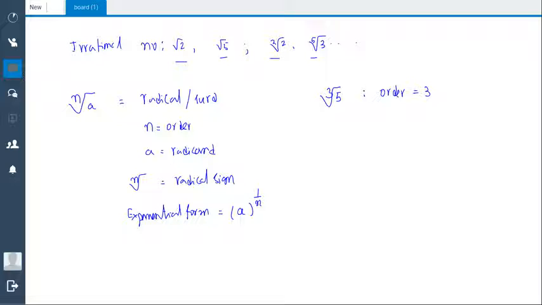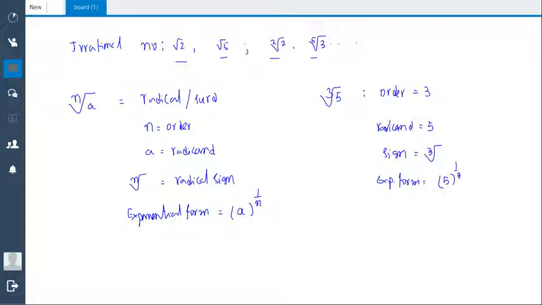So the order of this surd is 3. The radicand is 5. The radical sign is the cube root. The exponential form is 5 whole to the power of 1 upon 3.